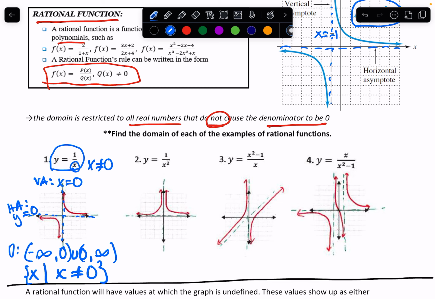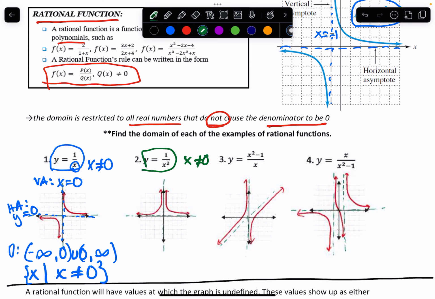Okay, let's look at our next example, which is y equals 1 over x squared. And again, we need to look at what number makes the denominator 0. So again, x cannot equal 0 because that would make the denominator 0 and the whole thing would be undefined.